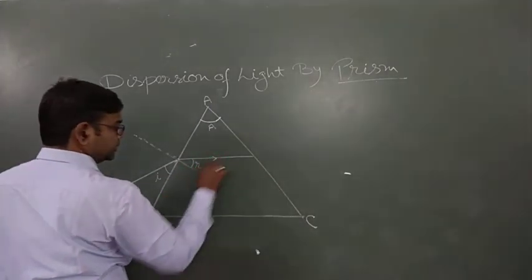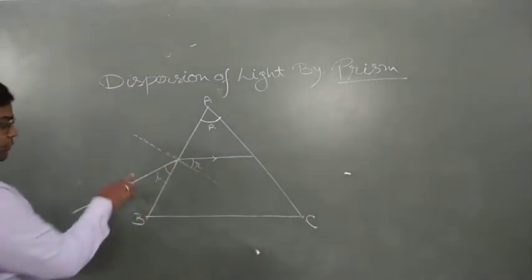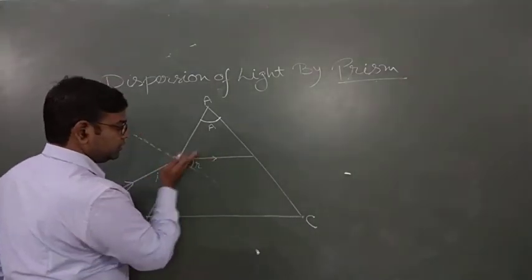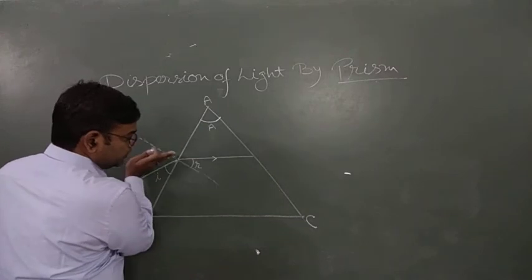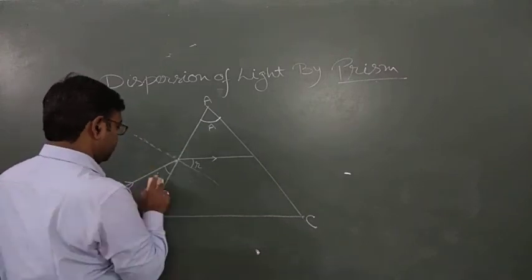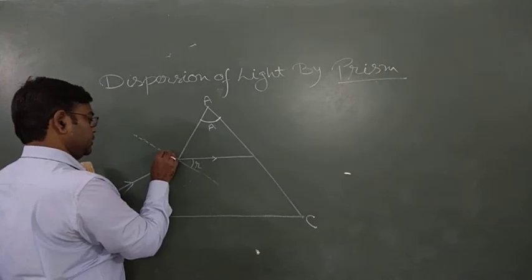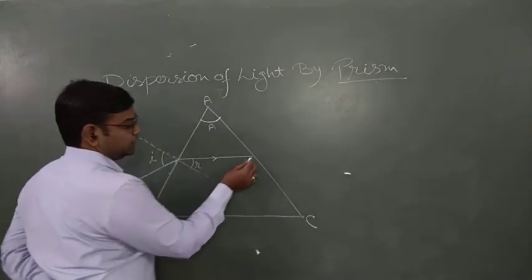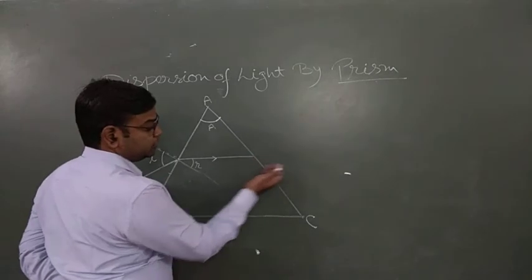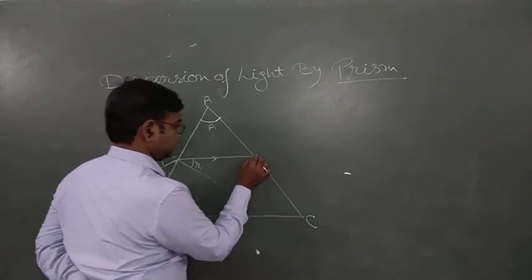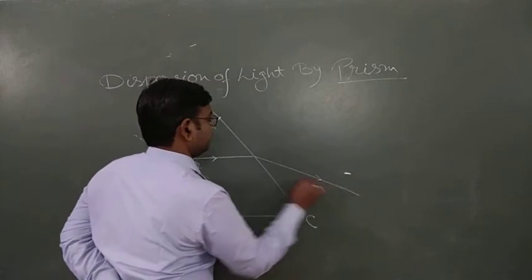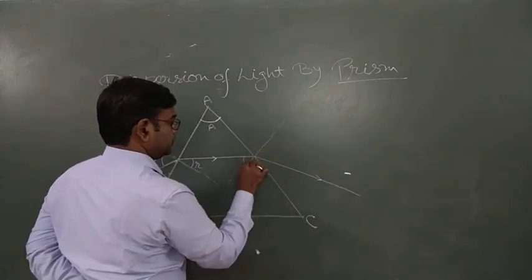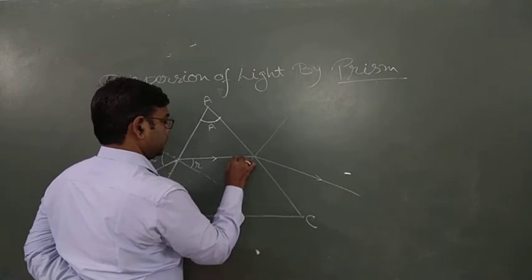Now the light inside the prism travels straight, because by obeying the laws of refraction it becomes a little bit tilted towards the normal. Sorry students, this one is your angle I. Now after that, the light ray travels from denser to rarer medium, again shifting away from the normal. So this is your angle of second incidence.